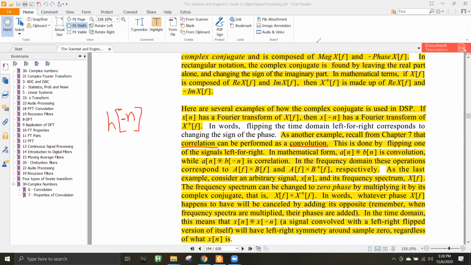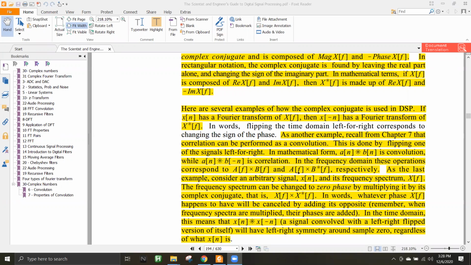Since we have a flipping operation here, this can be done in mathematical form. A convolution with b[n] is actually the convolution operation, while a convolution with b[-n] is actually correlation. In the frequency domain, this can be done easily because the corresponding frequencies will be multiplied, right? So this is equivalent.